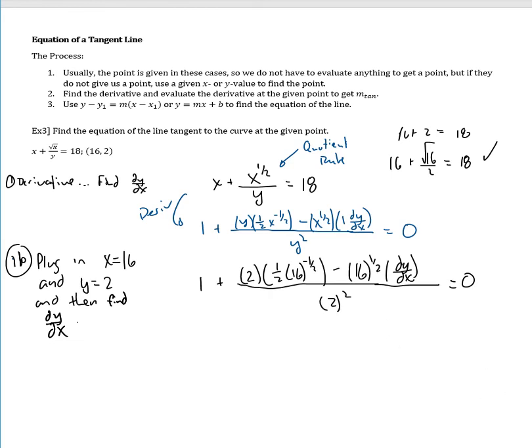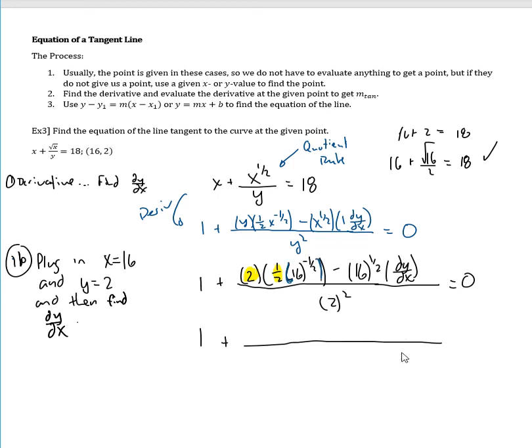We plugged it all in, and now we can start to simplify. So I have 1 plus this big fraction. The 2 and the 1/2 just multiply each other out, so I really just have to simplify the 16 to the negative 1/2.